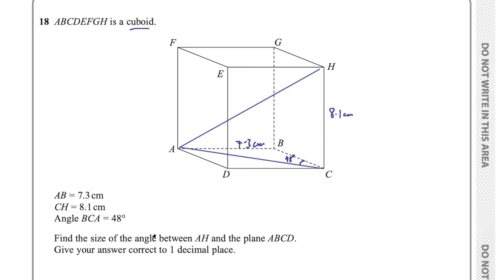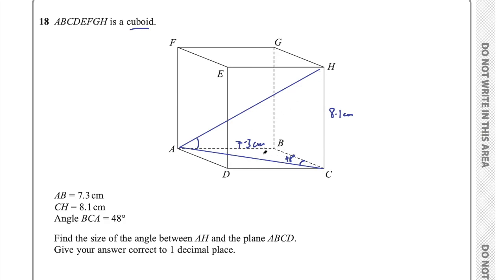When we say find the size of the angle between AH and the plane ABCD, we can also say this will be the same as the angle between AH and AC, those two lines. That's going to be the same as the angle between AH and that plane. So as long as we can find that angle, we'll be able to answer this question. You can see this is going to be using trigonometry because we have some right angle triangles here.